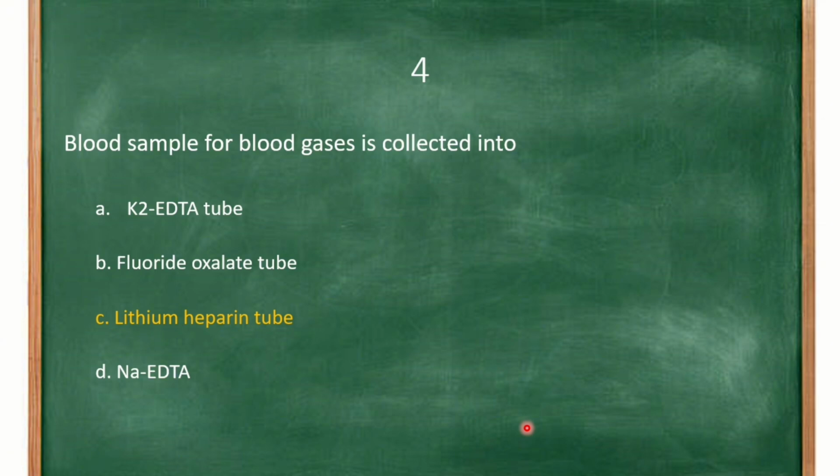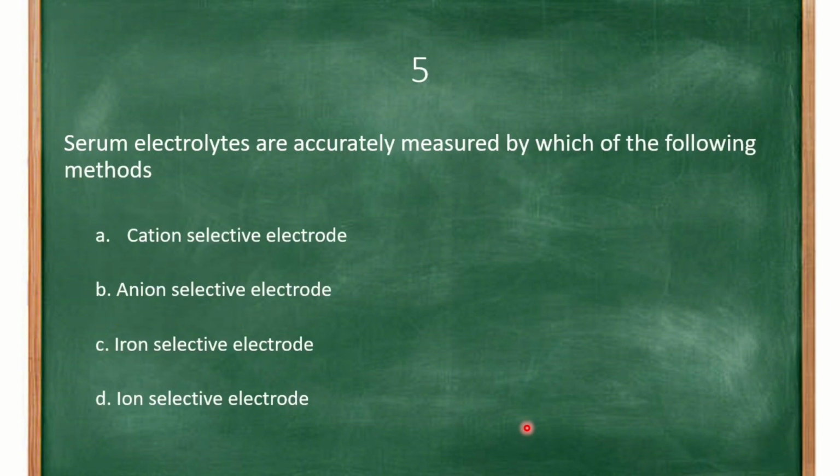Dipotassium EDTA, option A, and sodium EDTA, option D, may be able to prevent coagulation but will not preserve the blood gases well. Fluoride oxalate tube, option B, is used for preserving glucose and not blood gases. So the right answer for this question is C, lithium heparin.